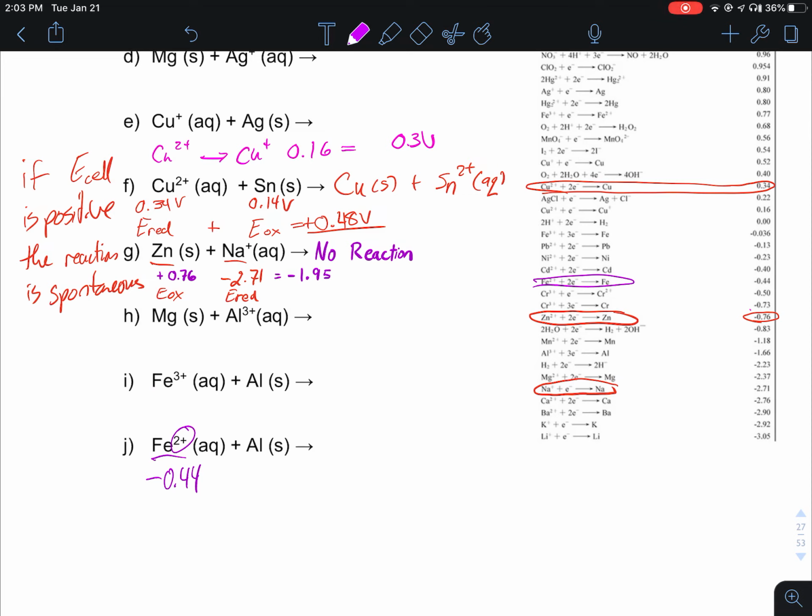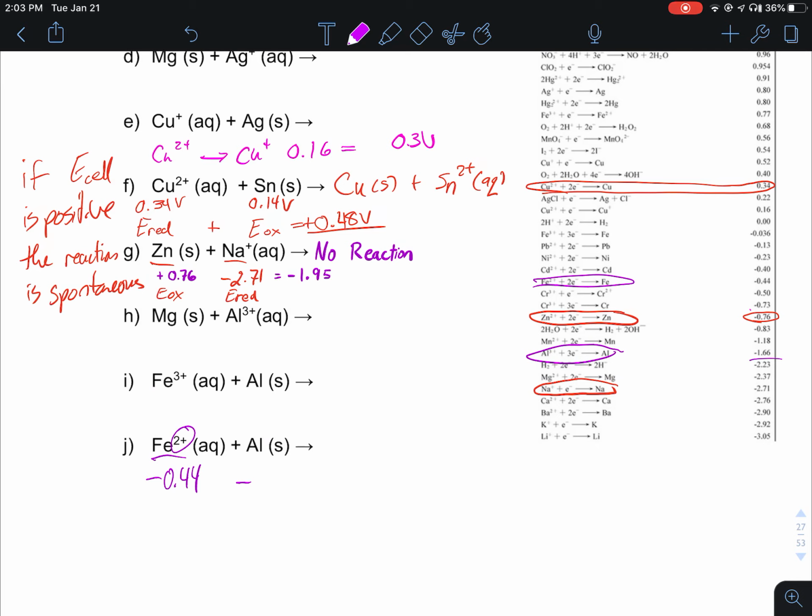Okay, so I gotta hope that aluminum is pretty strong, right? Because I'm starting from a negative position, so I'm gonna go find my aluminum. Aluminum's right here, and the aluminum is the metal. If it was aluminum 3+, we would say it's negative, but it's not.